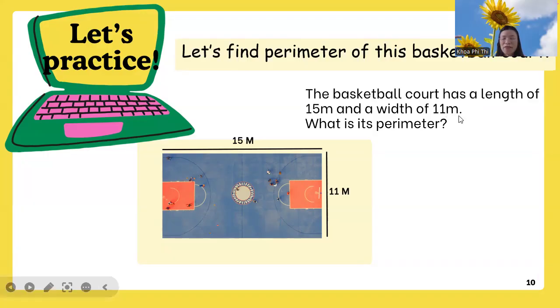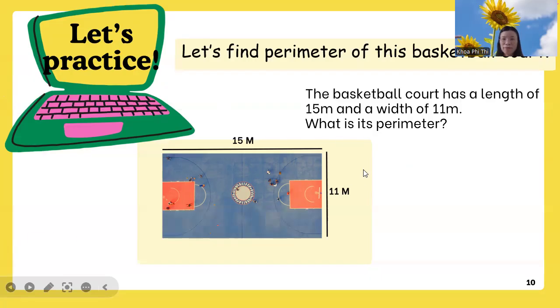And the width is 11 meters. It's not 11 centimeters, but 1,100 centimeters. The width is 11 meters, right? And the length is 15 meters.